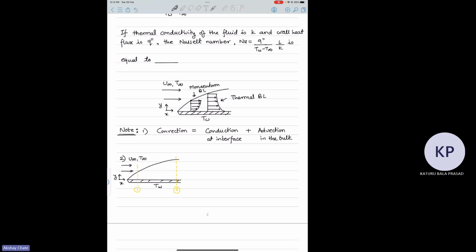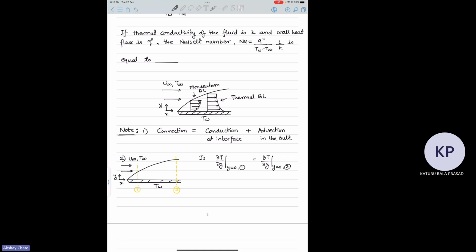So the question is basically, is del T by del y at y equal to 0 at section 1 equal to del T by del y at y equal to 0 at section 2?